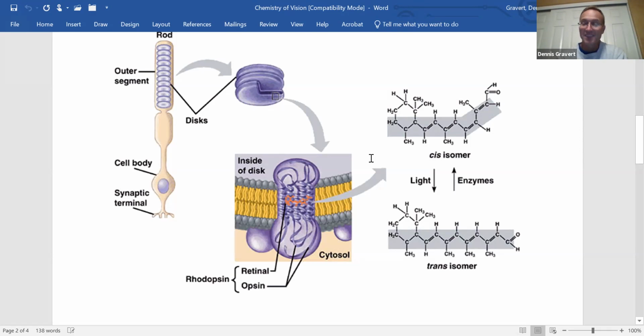physics behind vision is light comes in, and the light's absorbed by this conjugated set of pi bonds. We learned about wavelengths of maximum intensity being absorbed by conjugated pi bonds last semester. And the energy of the light is then used to temporarily break the cis. Where's the cis?